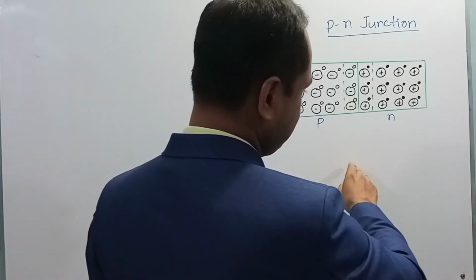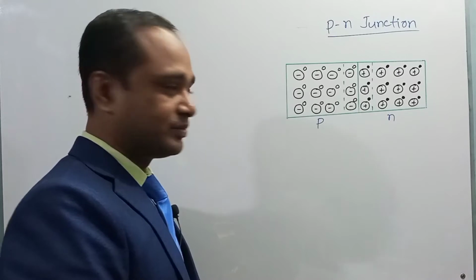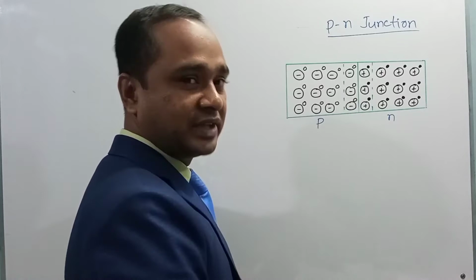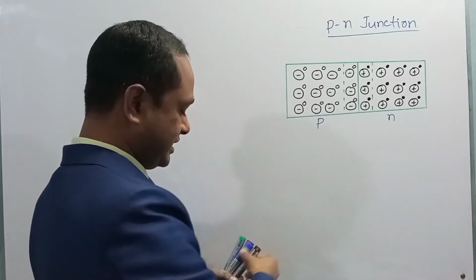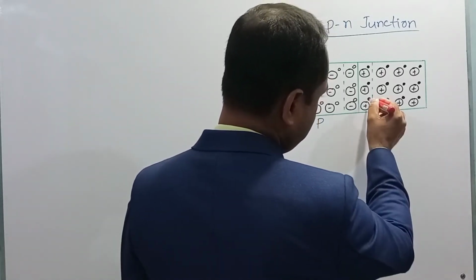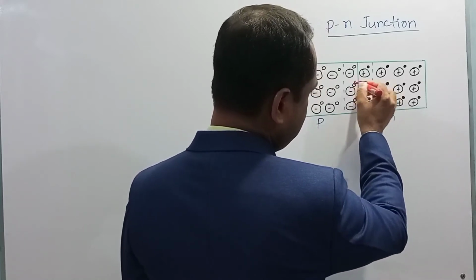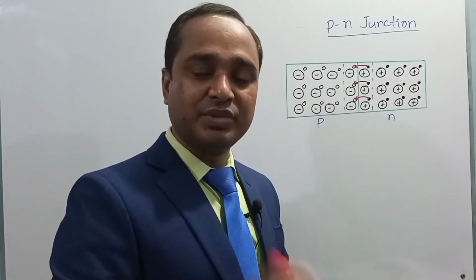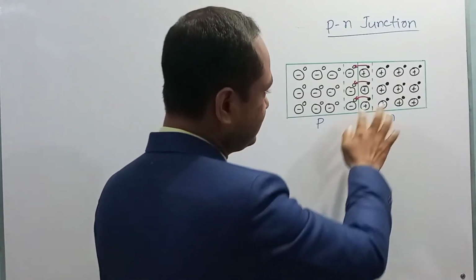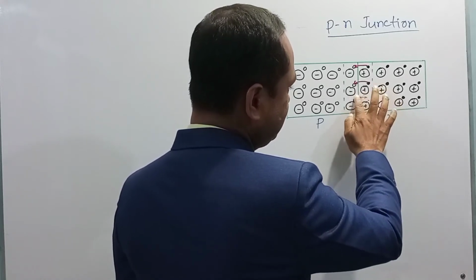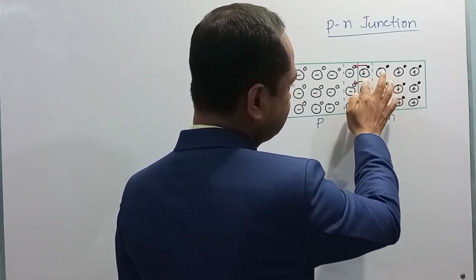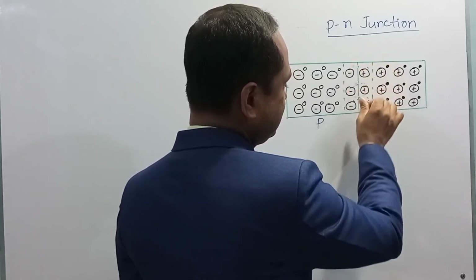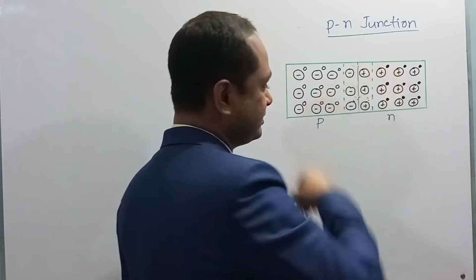In the p-n junction region, the free electrons from the n-type semiconductor will diffuse into the p-type semiconductor. As a result, a certain portion of the junction on both sides, n-type and p-type, will act like a pure semiconductor.